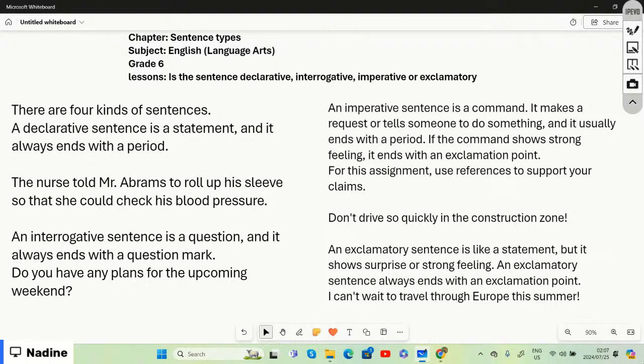Not necessarily like you're really being in command, but it makes a request, or it tells someone to do something.